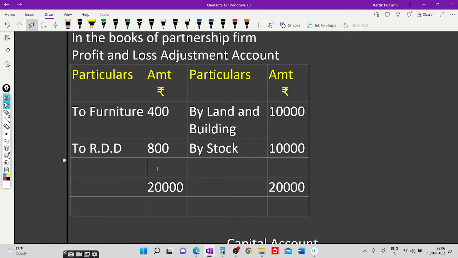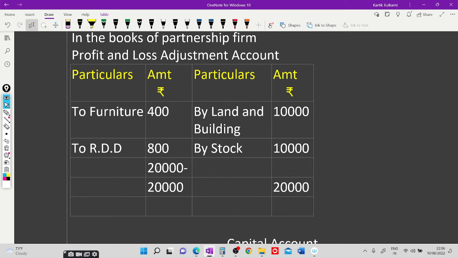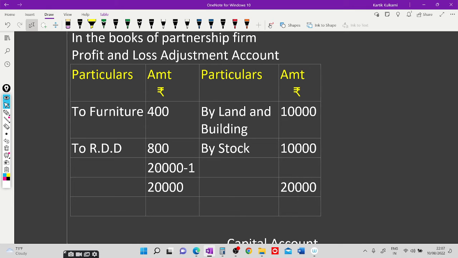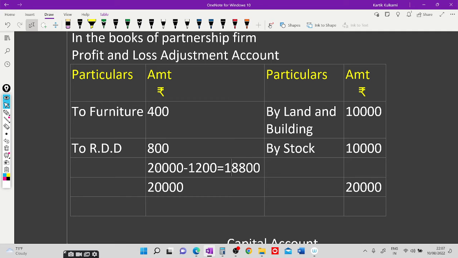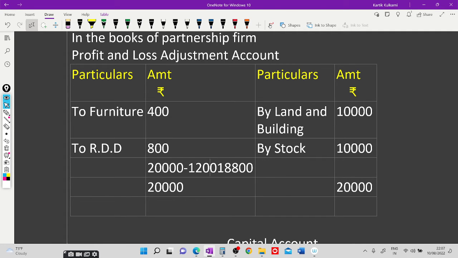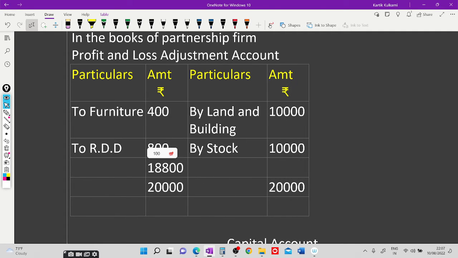So out of 20,000, that is credit total minus total of debit, which is 400 plus 800, 1200. So 18,800 comes out as the balancing figure, which is the revaluation profit.